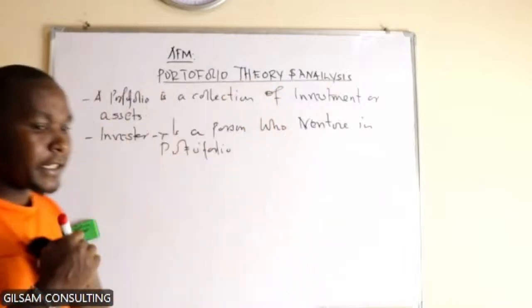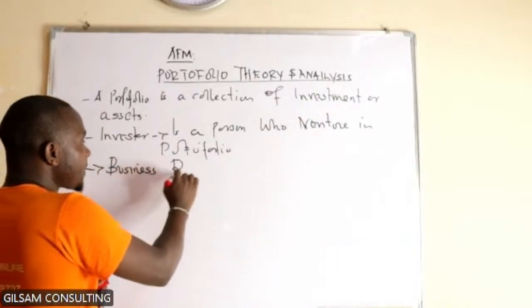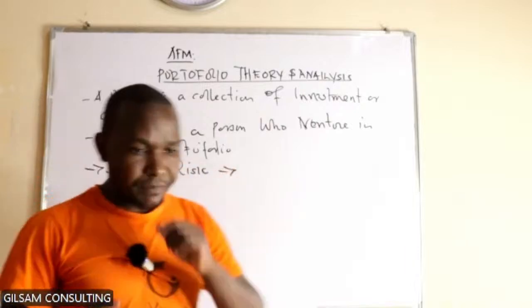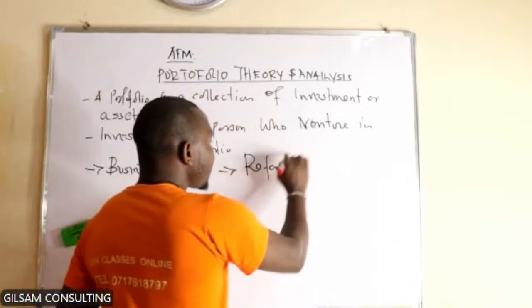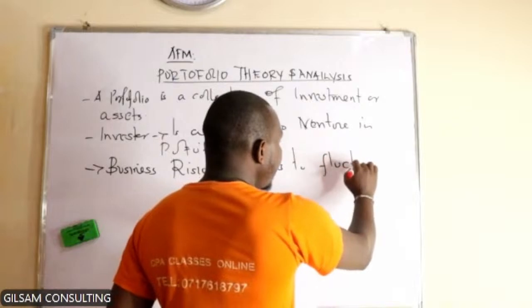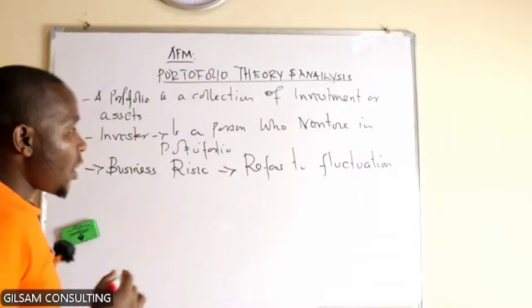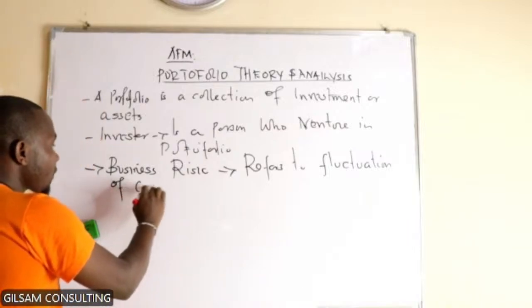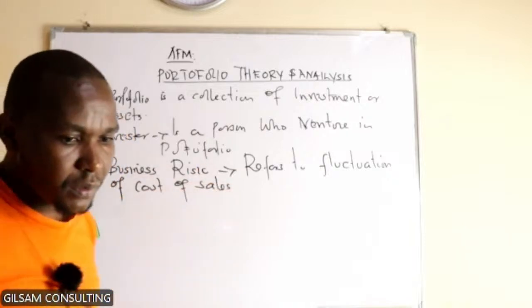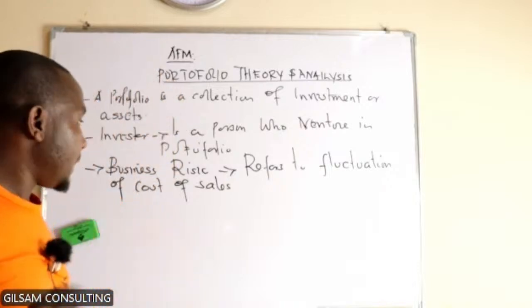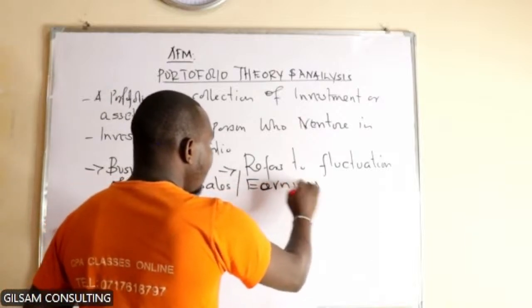Illustration part. We can also define business risk. Business risk refers to the fluctuation or changes in cost of sales or earnings.